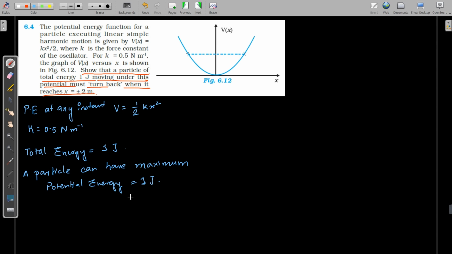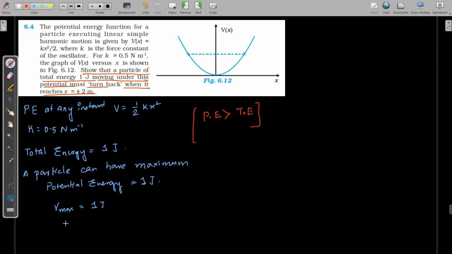So Vmax can be maximum 1 joule, because in the last question we learned potential energy cannot be more than total energy, because at a position where potential energy becomes more than total energy, a particle can never be there, right?